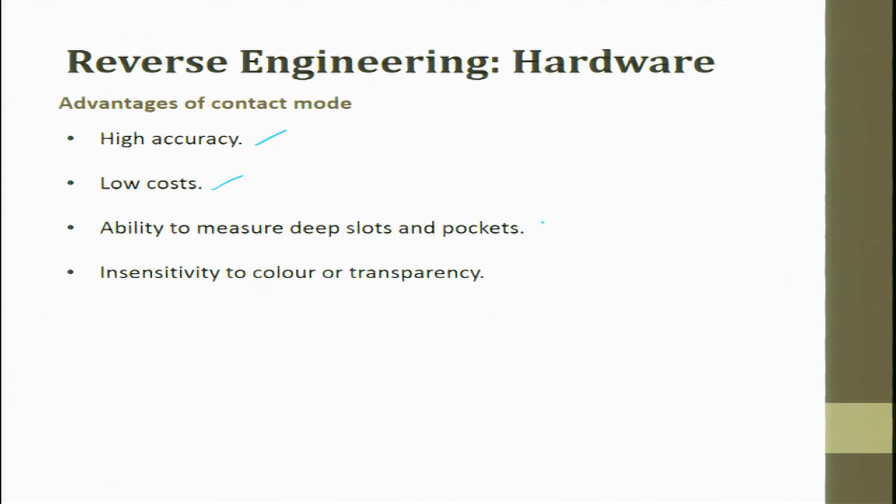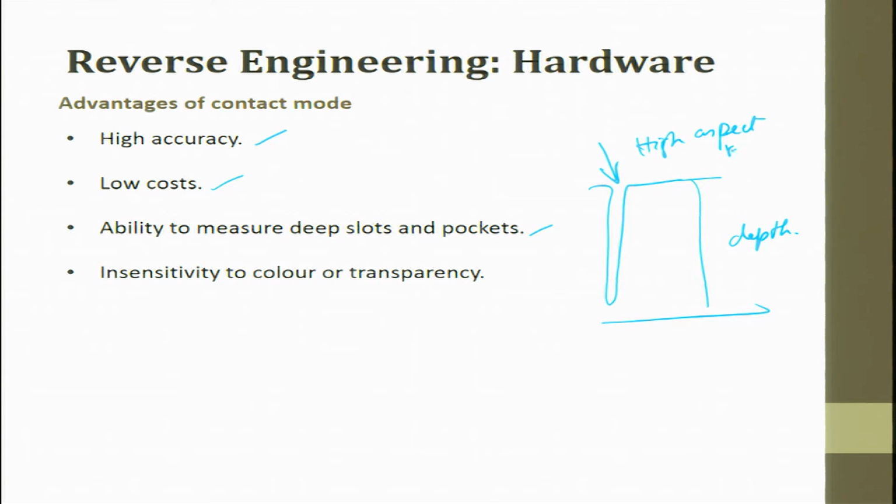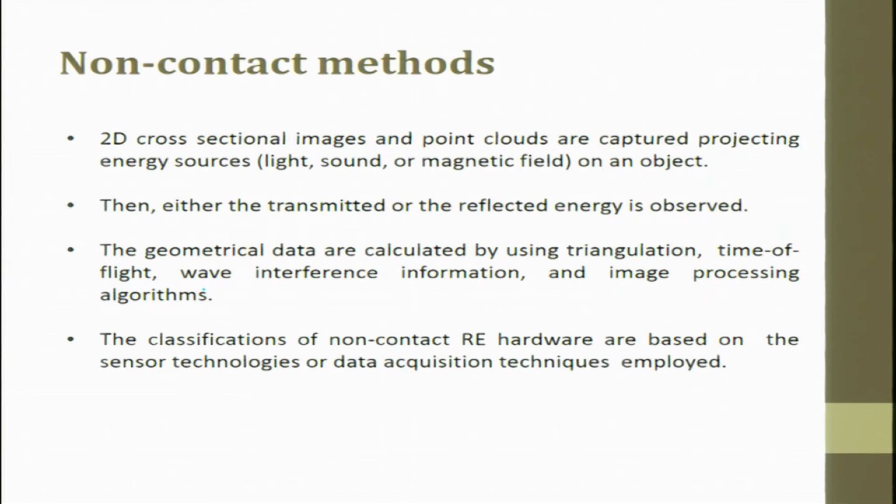It has the ability to measure deep slots, where this is the depth; we call these high aspect ratio holes. If you want to measure high aspect ratio holes, contact measurement is the only option. Sensitivity to color or transparency is removed here.